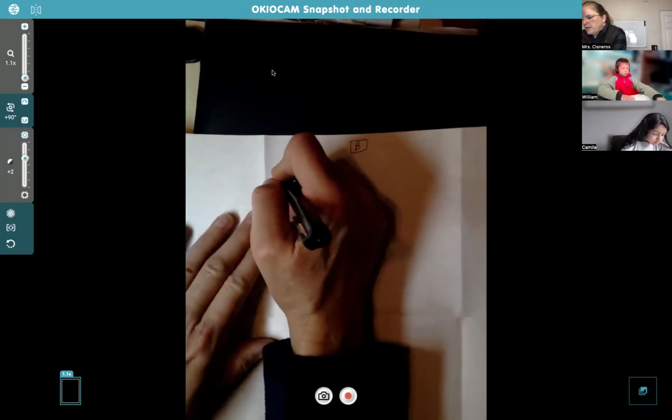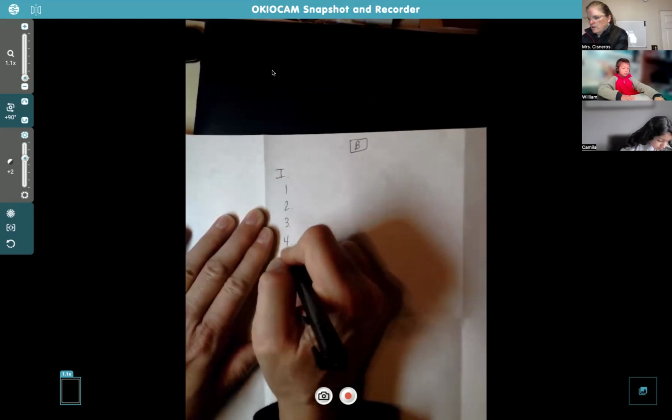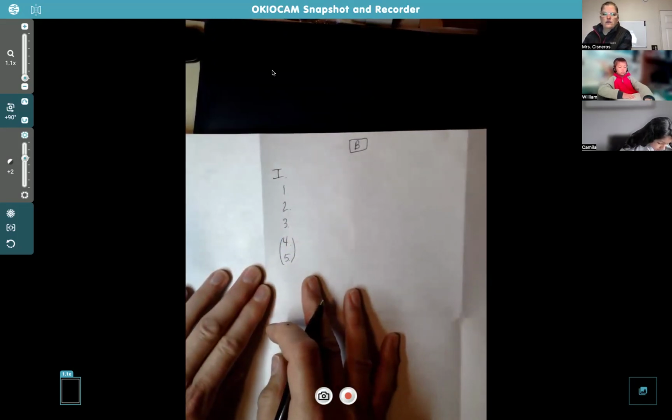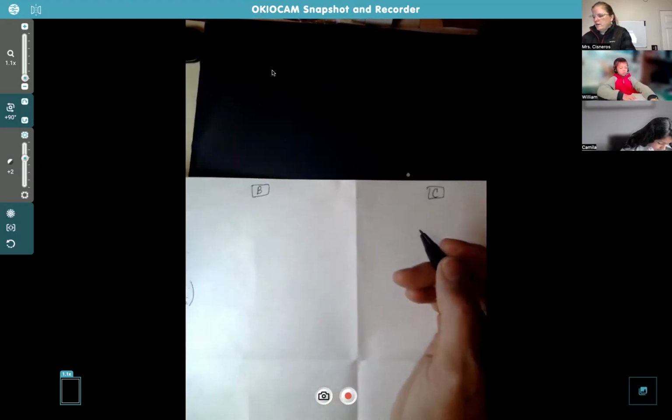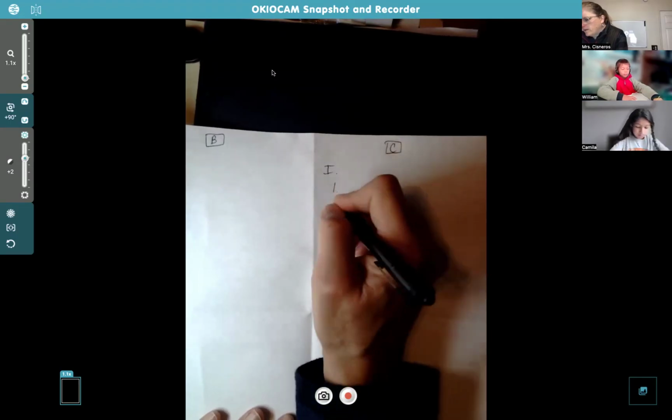And then same for B. 4 and 5 have parentheses around it. Same for C. These are all going to be Roman numeral 1 on this side.